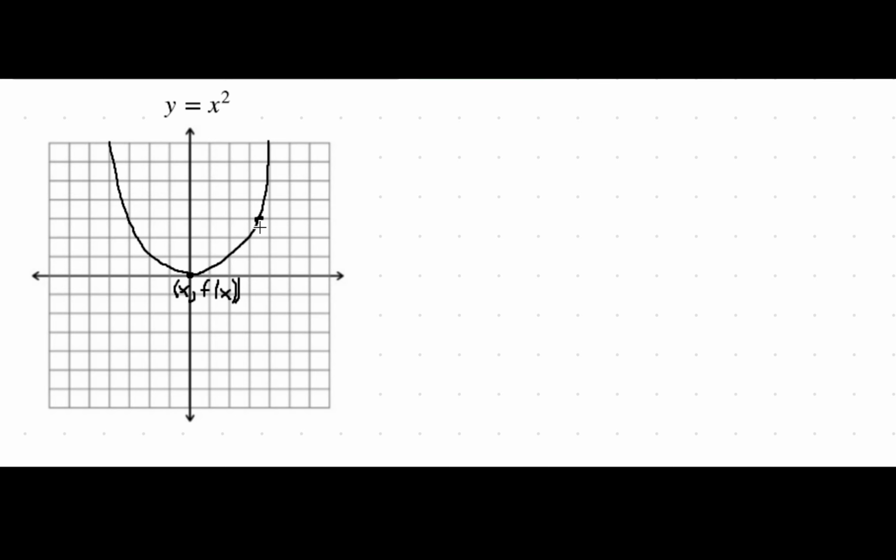And now for the second point, let's just say I'm moving over a distance h. So this distance between the first point and the second point is going to be h. So if I'm moving over h, that means the coordinates of the second point here are going to be x plus h for the x coordinate, and then the y coordinate is going to be f of x plus h.